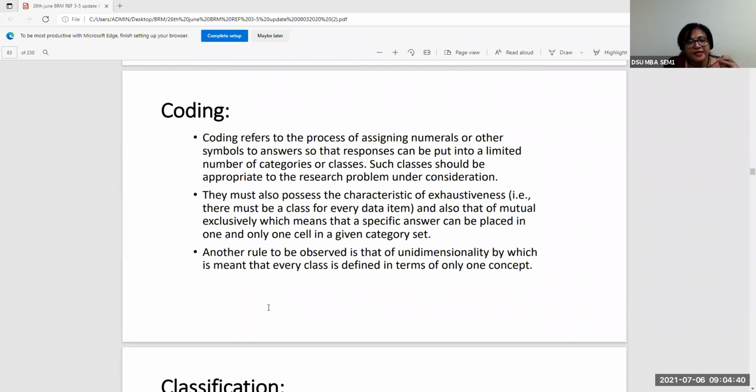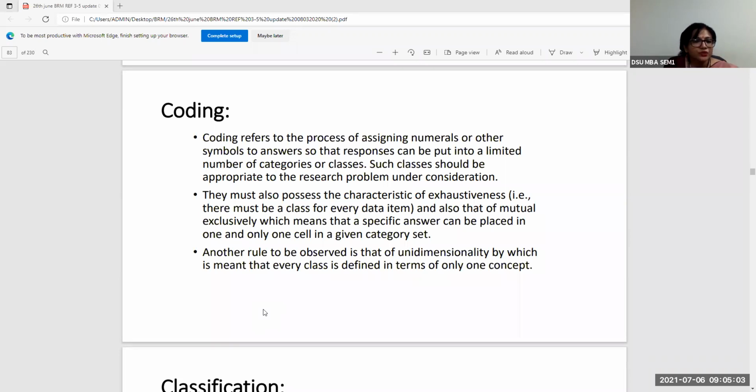And coding is something that can be done prior to the administration of the questionnaire for collecting responses. Coding can be done by the researcher, and a coding sheet needs to be maintained, which will indicate the different numerals or symbols that are assigned to answers or response categories.